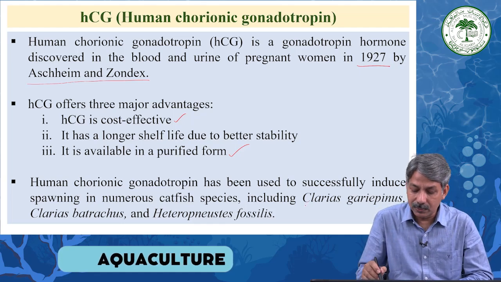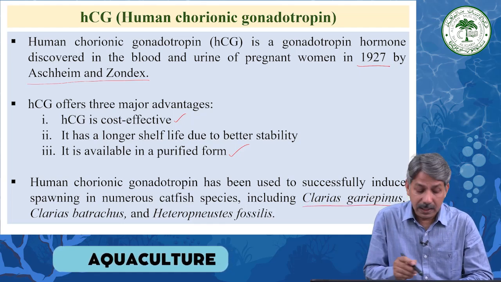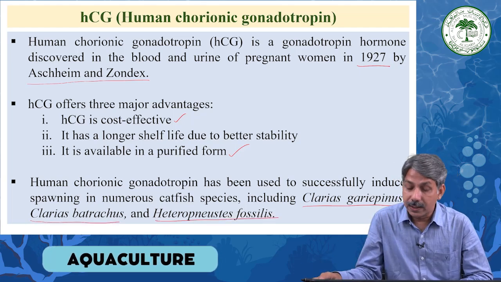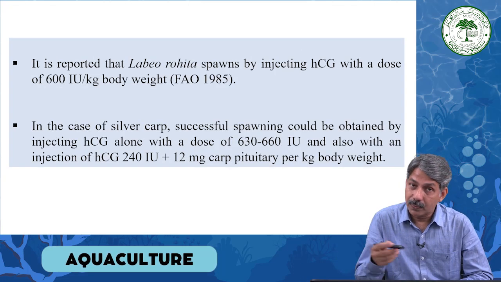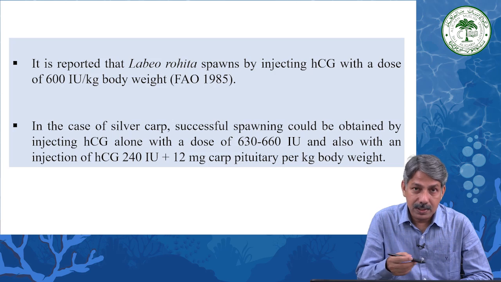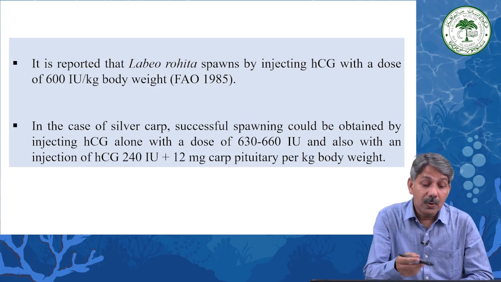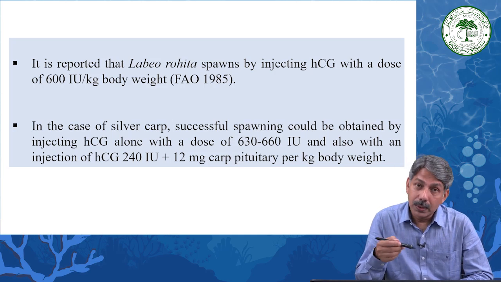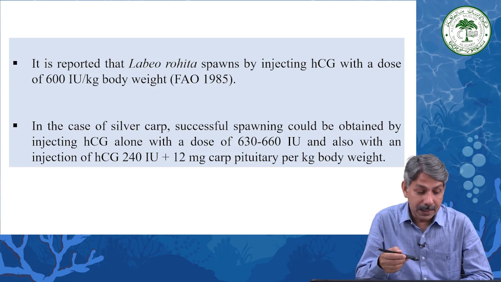In fact, if you go through the literature, there are many fishes which have been induced bred using human chorionic gonadotropin. The catfishes example we discussed in the previous slide. And now Labeo rohita has also been reported to respond to HCG injection and breed.